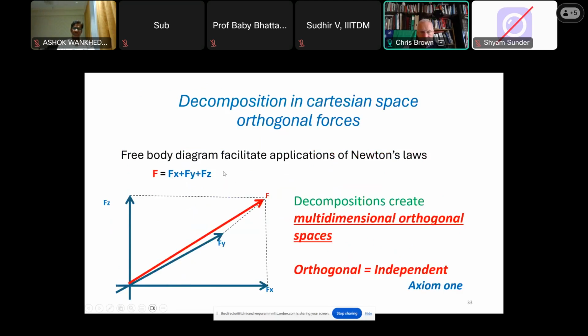It is collectively exhaustive and mutually exclusive because it's orthogonal, so they're all independent. That's axiom 1. And so when I'm formulating my design problems, I am creating a multidimensional orthogonal space of functions and physical solutions.